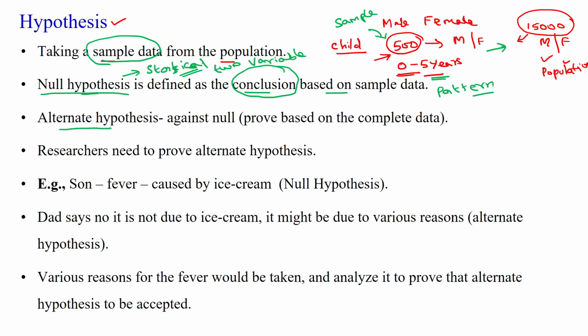Then the alternate hypothesis: based upon these statistical measures, it will identify the alternate hypothesis, that is the conclusion, right? So the null hypothesis has no statistical measures involved to come to a conclusion, but the alternative hypothesis needs statistical measures to come to the conclusion based upon the patterns the person has.